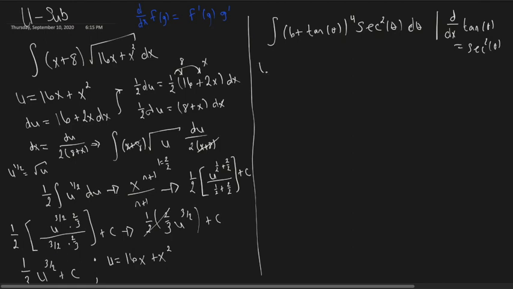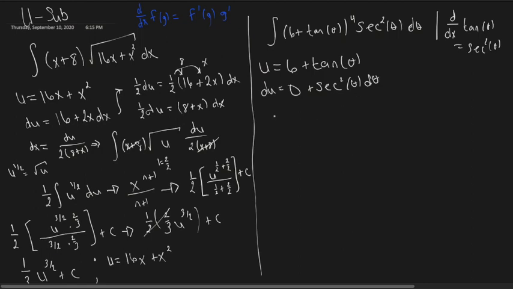So let's try this and see if it actually works. My intuition says it will. So we're going to get u equal to 6 plus tan of theta. We're going to get du is equal to, well, it's d over d theta of 6, that's 0, and d over d theta of tan of theta, well, that's just secant squared, and that's going to be d theta.